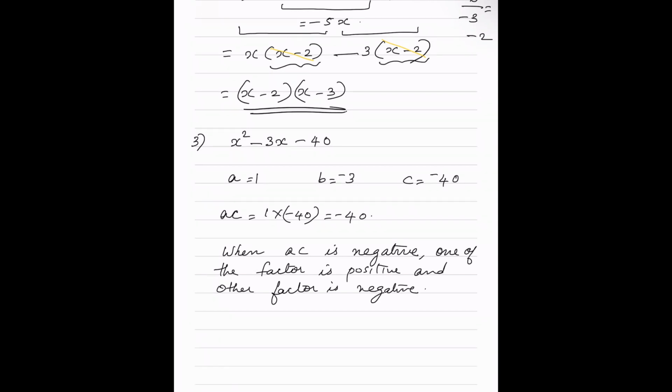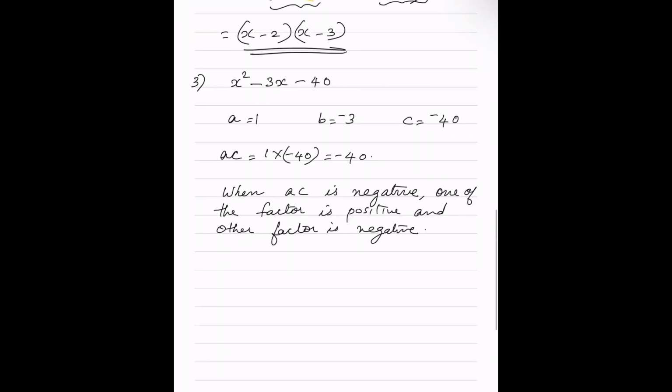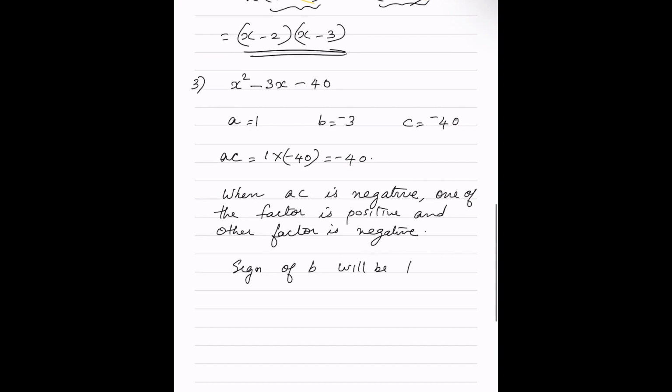Now, how do you know which factor is positive and which factor is negative? You have to look at the sign of B. Look at the sign of B, and the sign of B will be the sign of the bigger number. That means the sign of the bigger factor.